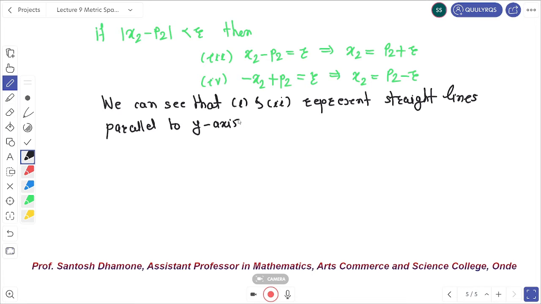Therefore, the open ball about P with radius R is in fact a rectangle. Draw the figure.